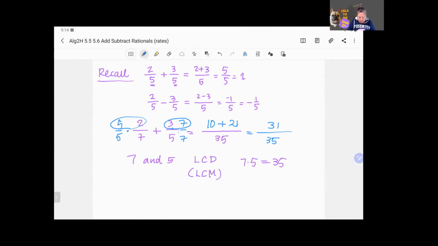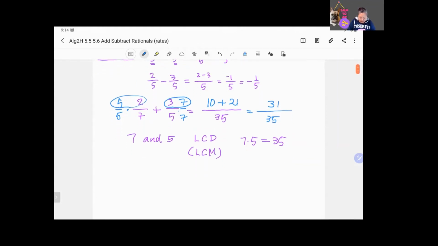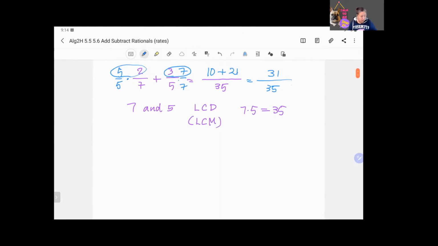Then let's make really simple examples with variables, okay?